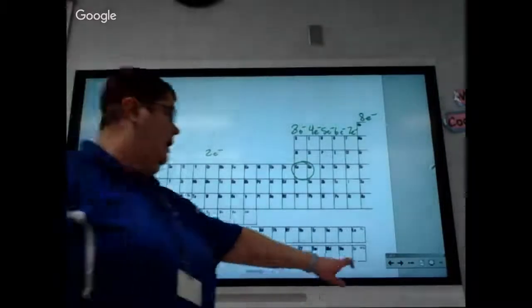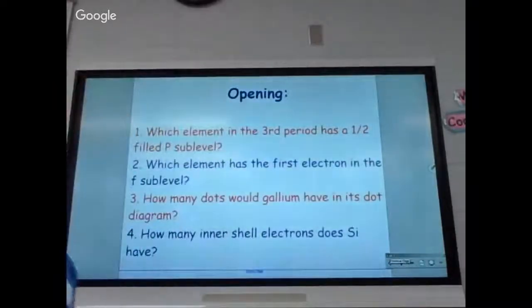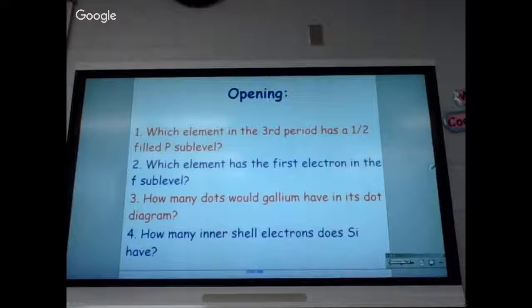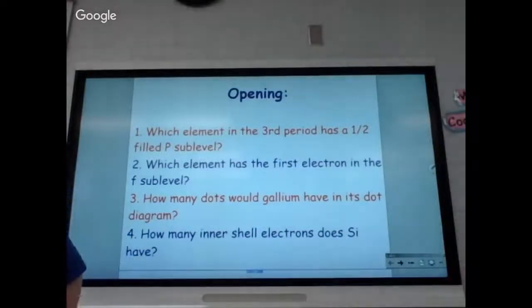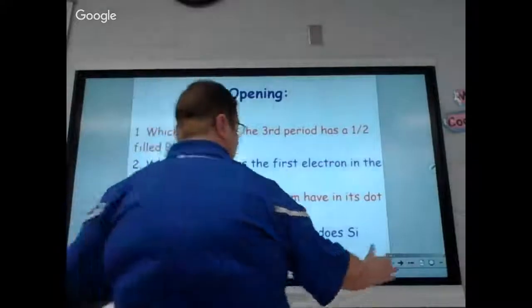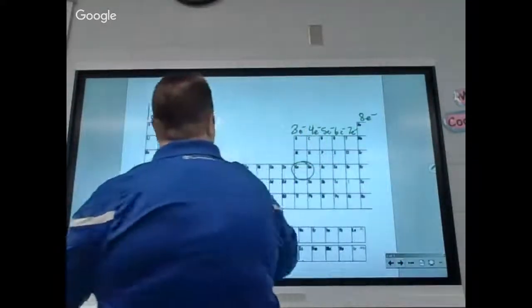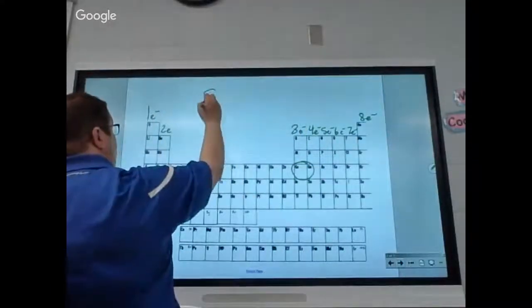Okay. And the last question, how many inner shell electrons does silicon have? How do we do that one? Inner shell electrons for silicon. What should we do there? 2 different ways you can do it. Give me something. Okay, that's one way. All right, so how many electrons does silicon have total?